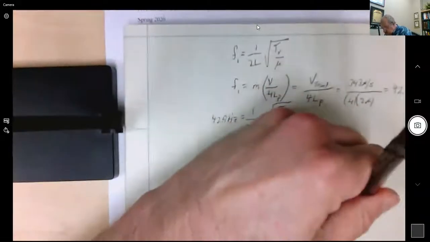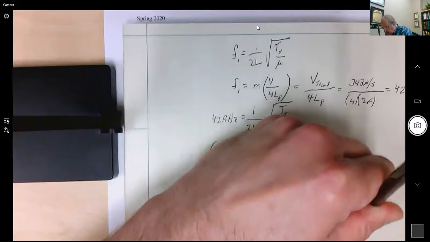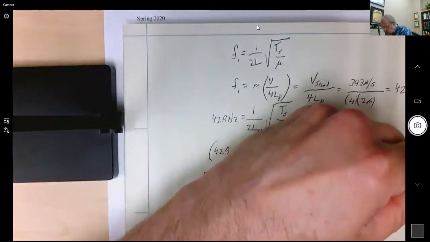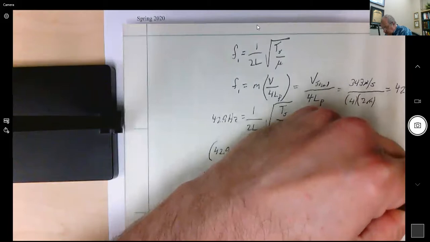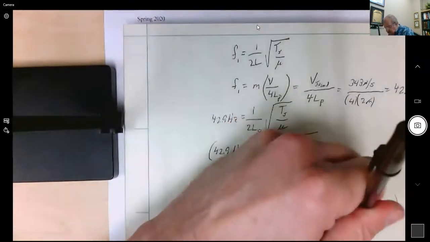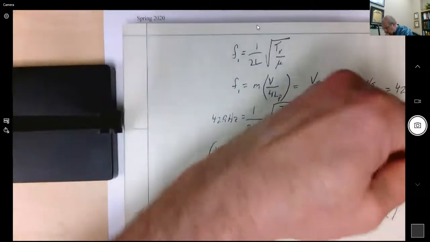I know that for every 1 kilogram there are 1,000 grams, and for every 100 centimeters there's 1 meter. So grams cancel, centimeters cancel, and I get kilograms per meter.